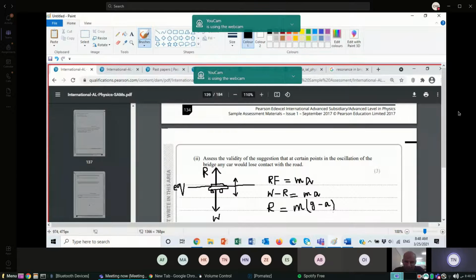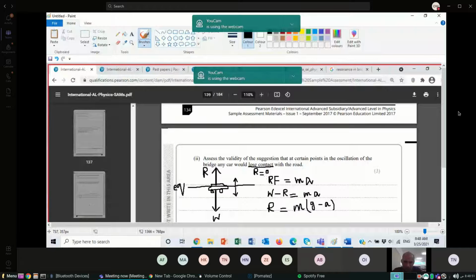Now they're saying would lose contact. Anything that loses contact, its R is 0. So R is 0, right? We have learned this in the oscillation chapter, that R is 0 if it loses contact. So we write 0 equals to m times (g minus a).